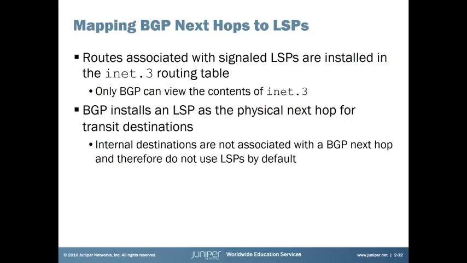So the point here is that MPLS, and therefore label switch paths, are used for transit traffic that's coming in on one router of the service provider, going right through the service provider, and going out on another router.